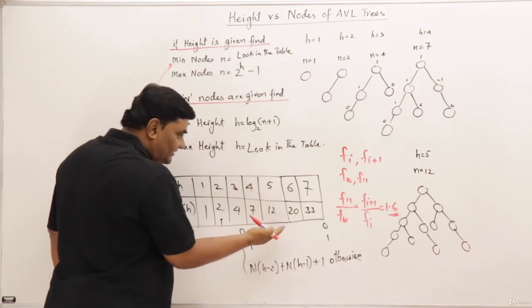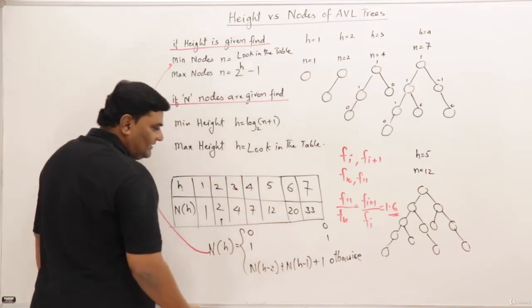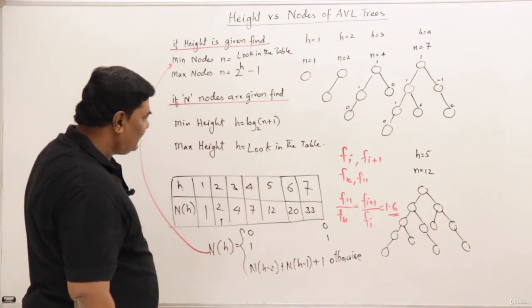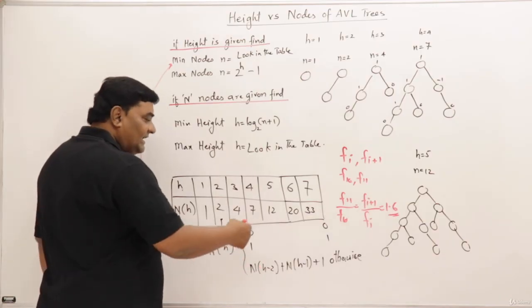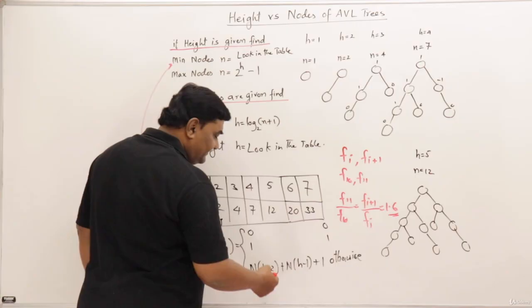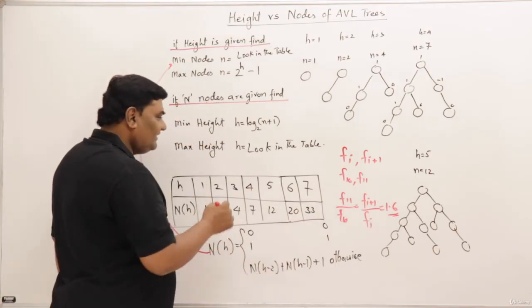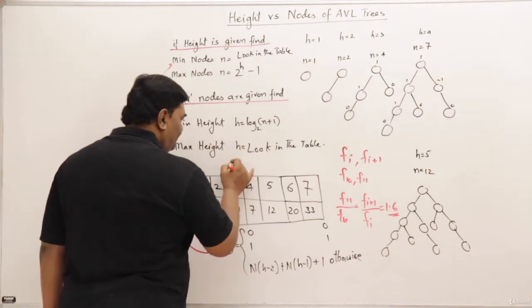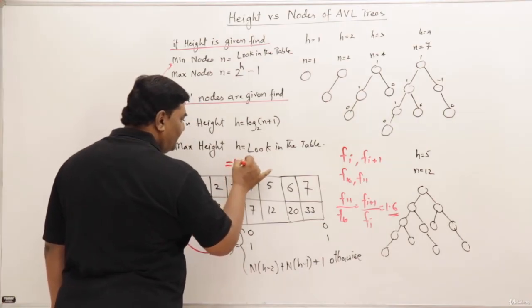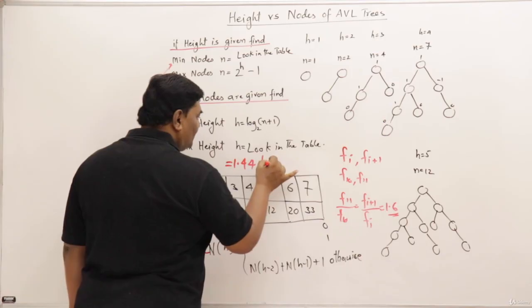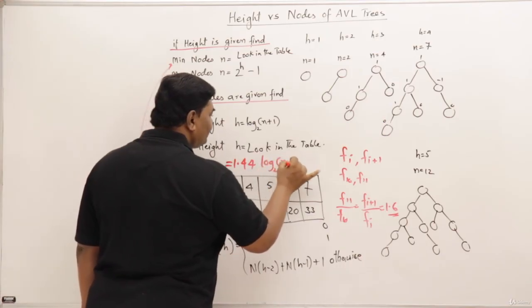Then one last thing, minimum height is log base 2 of n plus 1. Maximum height, look into the table. Table is from the formula. So from this formula, can't I calculate height? Yes, approximately, if you calculate from this one, there is a derivation. If we derive that and get the answer, then approximately it is equal to 1.44 log base 2 n plus 2.